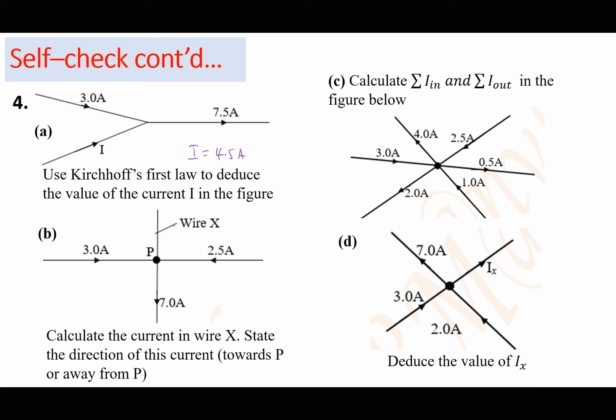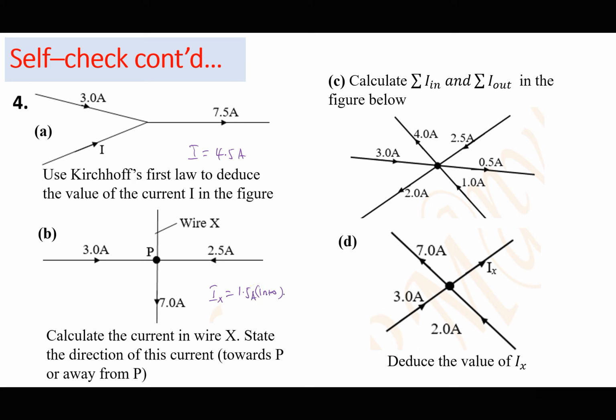Then here, I think the current through X is going to be 1.5, and it should be 1.5 amperes into the junction.